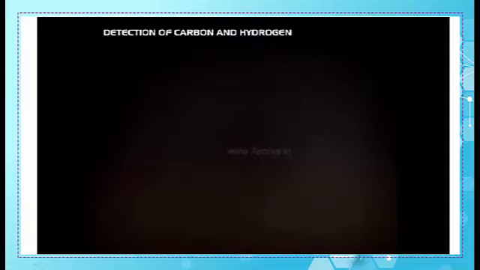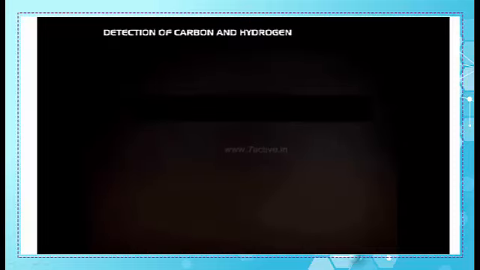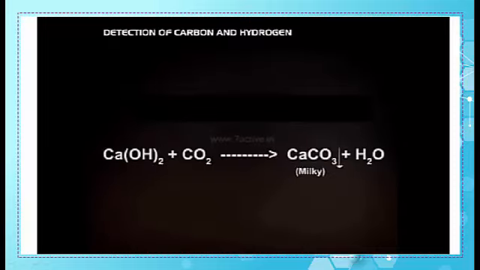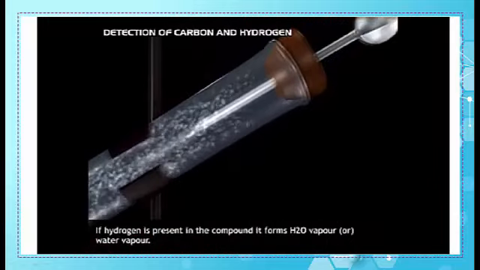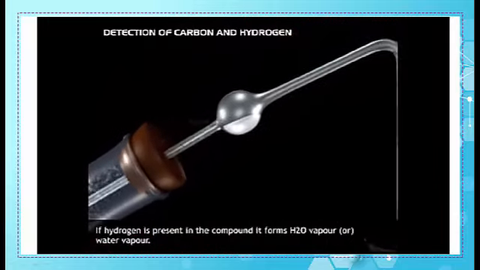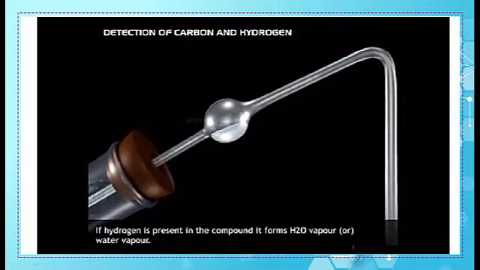The reactions involved in this process are Ca(OH)2 plus CO2 gives rise to CaCO3 plus H2O. If hydrogen is present in the compound, it forms H2O vapor, or water vapor.